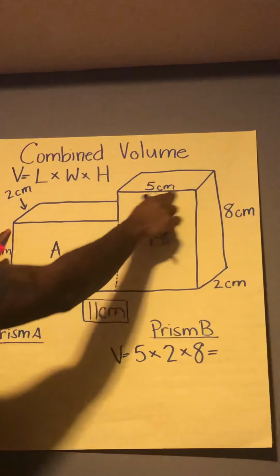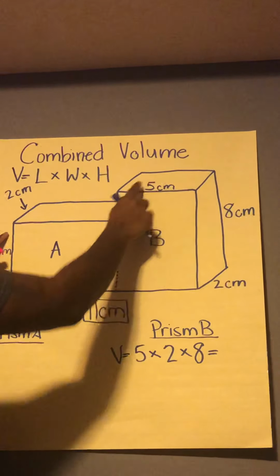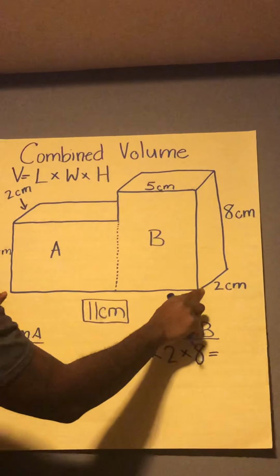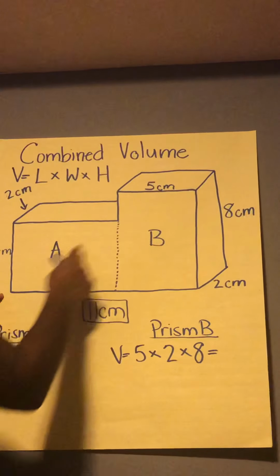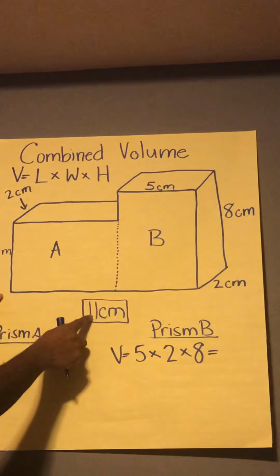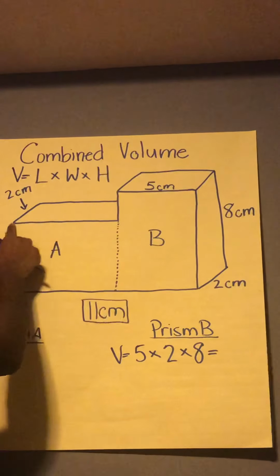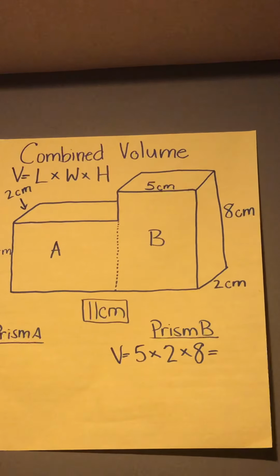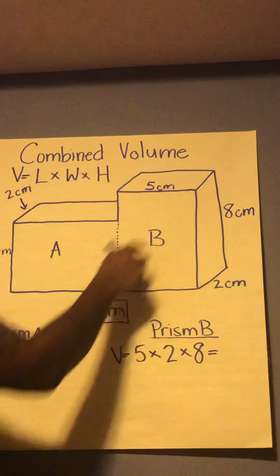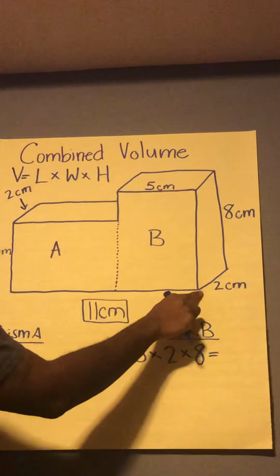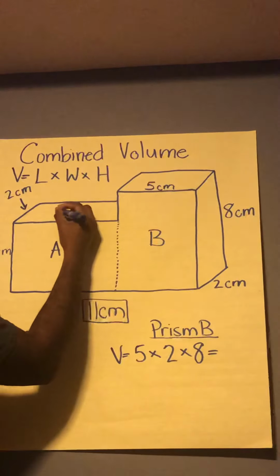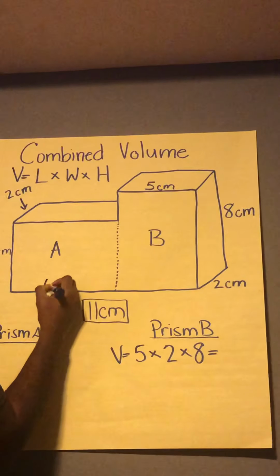So if the length of Prism B was 5, and the total length from here to here was 11, then I must figure out what plus 5 will get me to a total of 11, and that in turn will be the length of Prism A. Because this is 5, and the total length has to equal 11, the length here must be 6 centimeters.